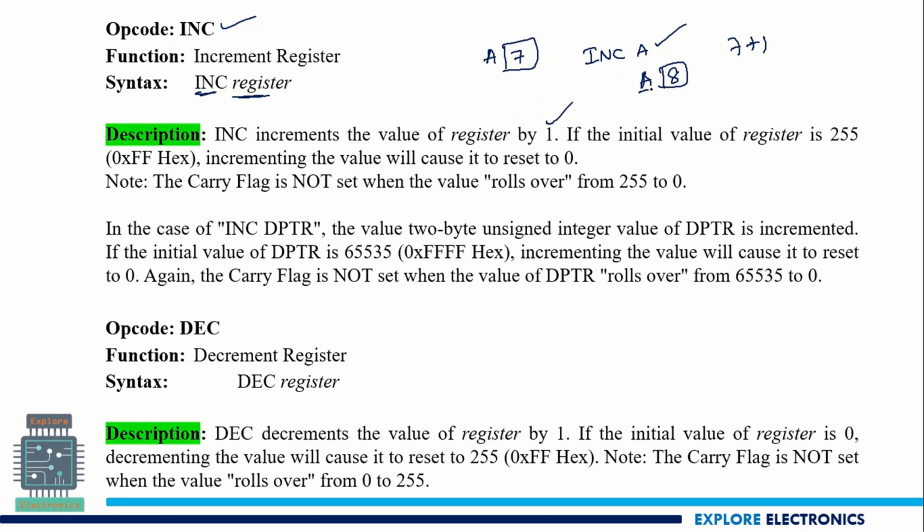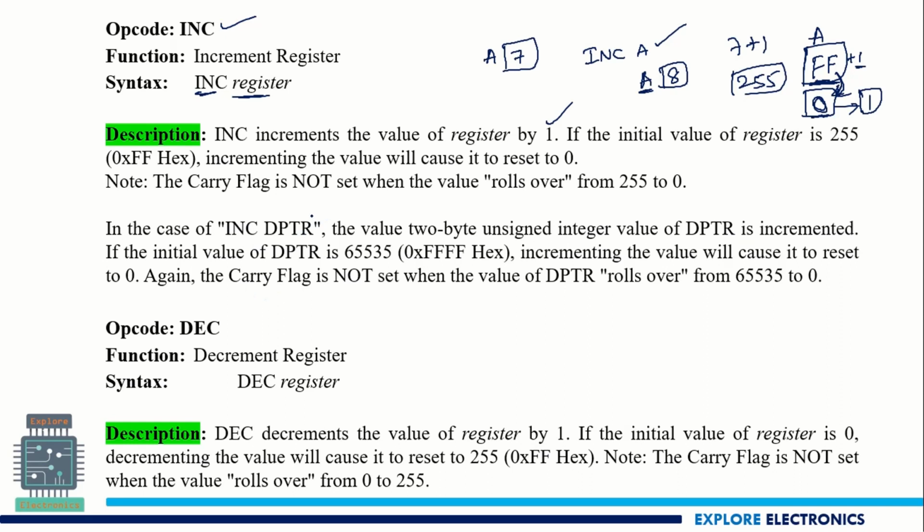What happens if A contains the maximum value, 255? 255 is FF in hexadecimal. If the maximum value is contained in register A and you add 1, it becomes 256. But we can't accommodate that within an 8-bit register. So in that case, if we add 1, it will roll back to 0.